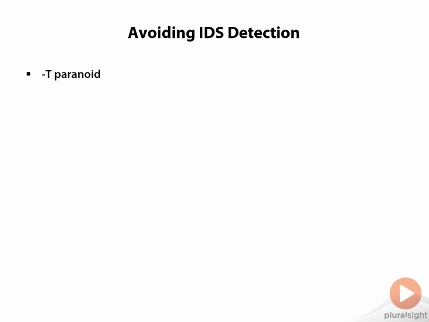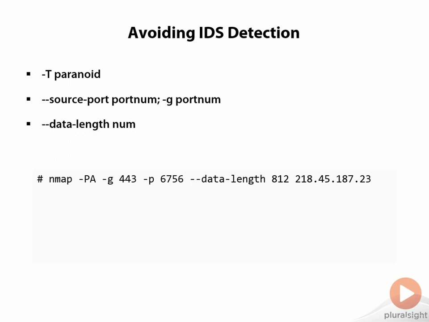Other ways include making your traffic look as legitimate as possible. Two options that allow you to do that are the --source-port number and the --data-length option, which appends random data to a sent packet. These options could be used together in a host enumeration scan to make your traffic look like it was coming from a secure web server with an encrypted payload.